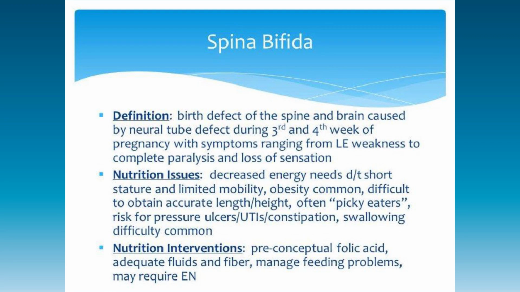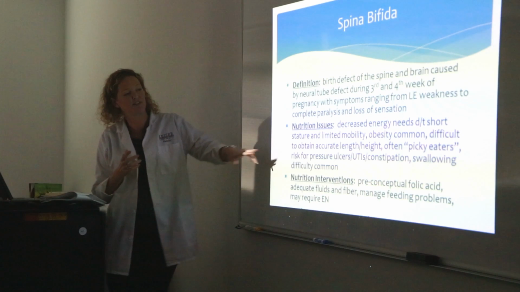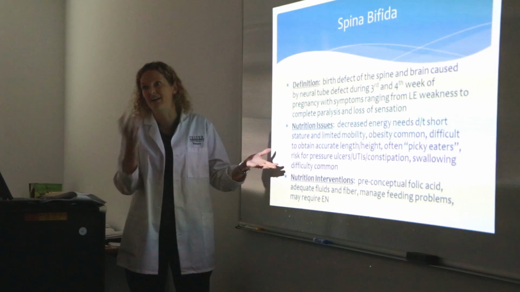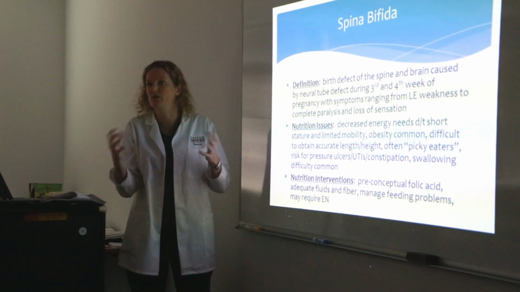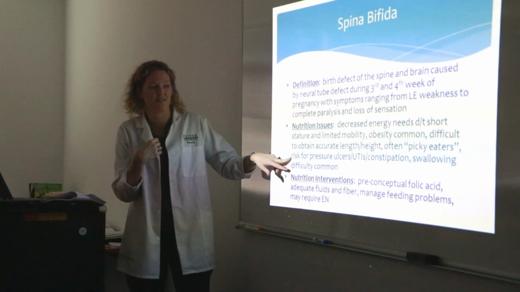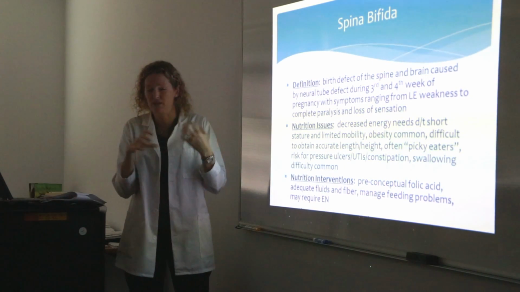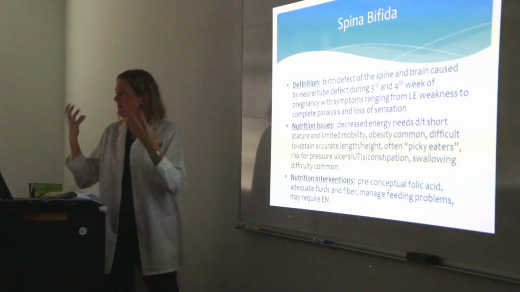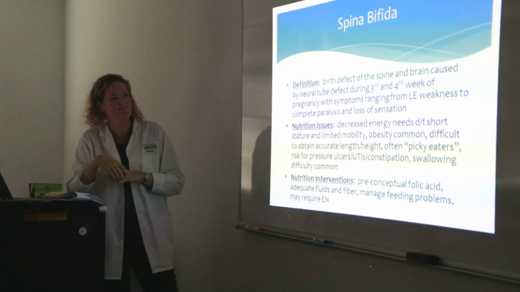They sometimes are picky eaters. They're at high risk for pressure ulcers because a lot of times they are non-ambulatory and they might be wheelchair bound, so they're at risk for pressure ulcers, also UTIs and constipation just because of that limited mobility. Swallowing difficulty if it's affected the brain, so that's common.